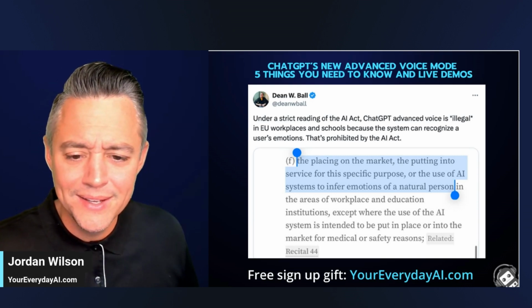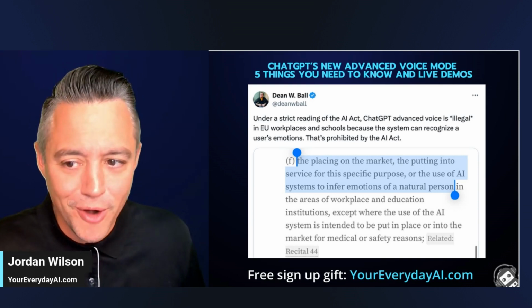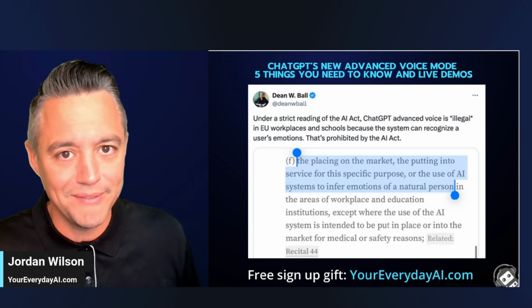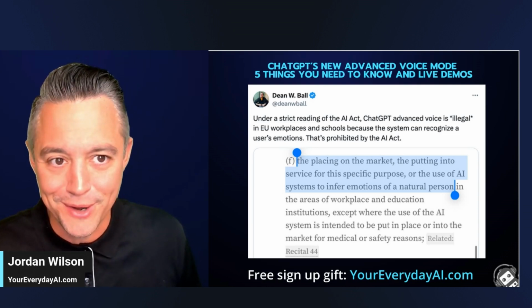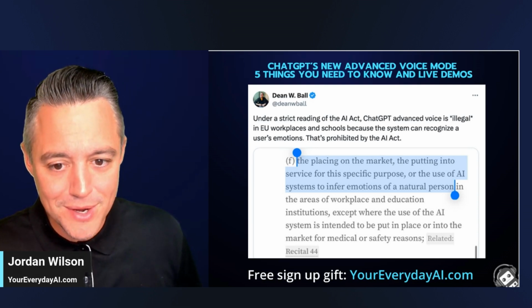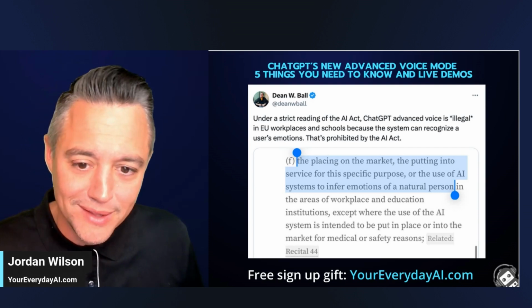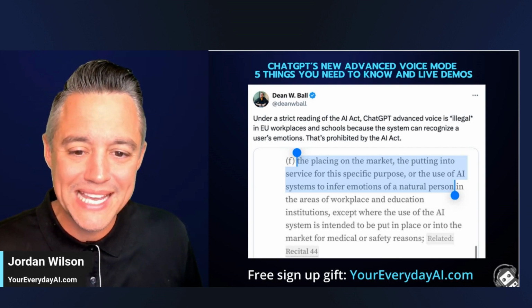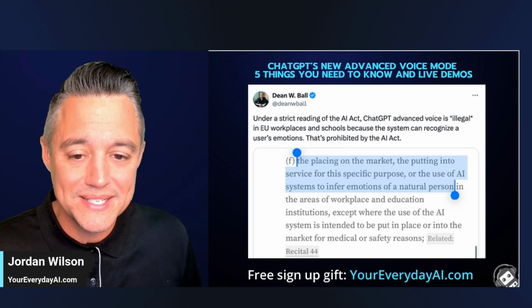We haven't seen an official statement from OpenAI, but they did say it's not available in the EU, UK, and some other territories. Presumably it's because it might not be totally legal, at least to use in the workplace.